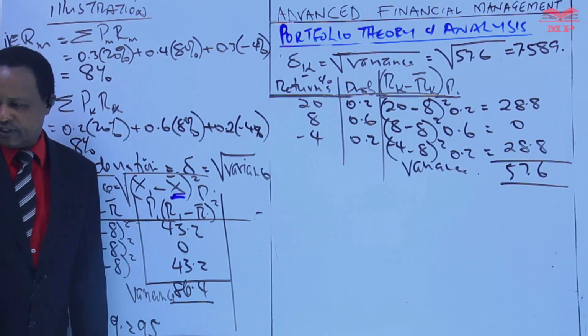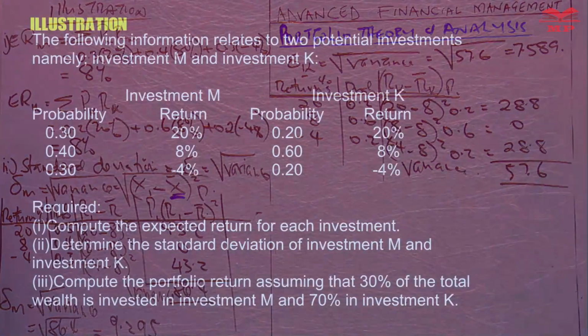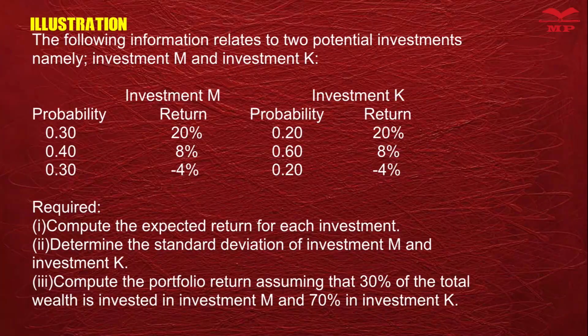What is the other requirement of the question? The question reads, Roman 3: compute the portfolio return, assuming that 30% of the total wealth is invested in investment M and 70% in investment K. That is the expected return of a portfolio given the weights 30%, 70%.